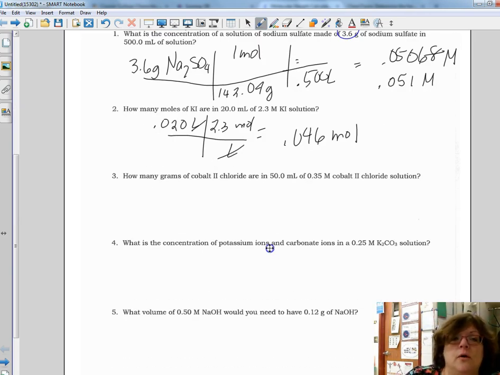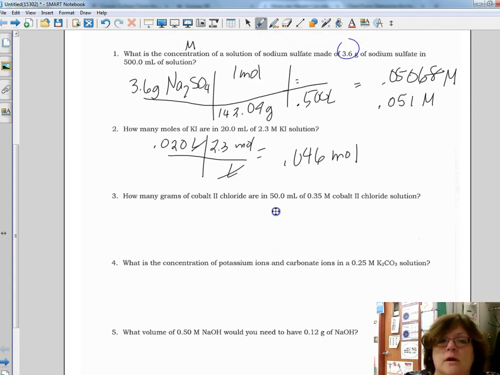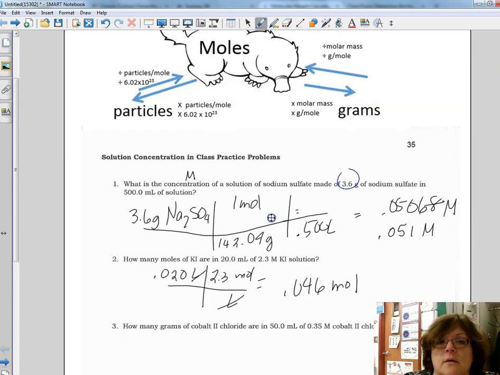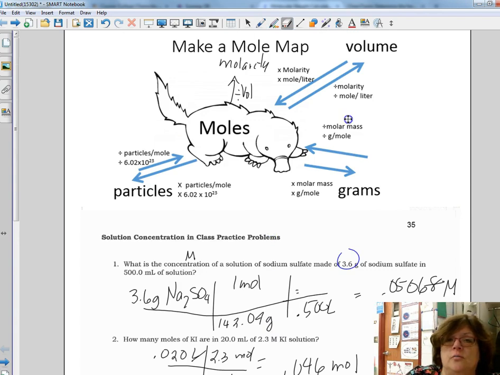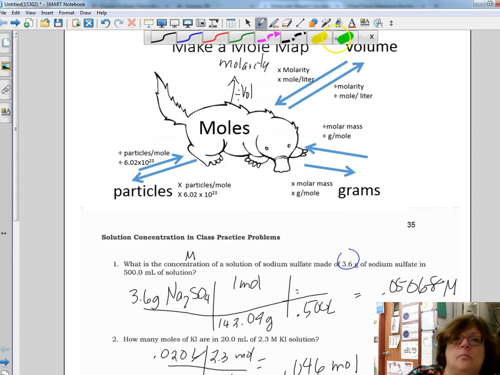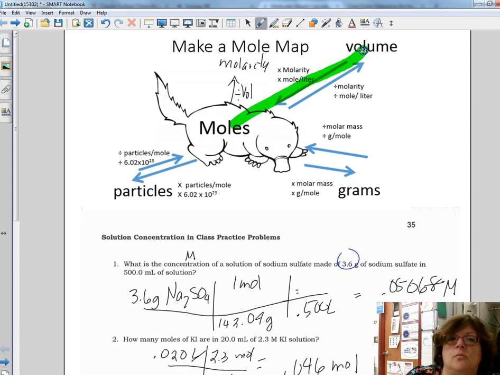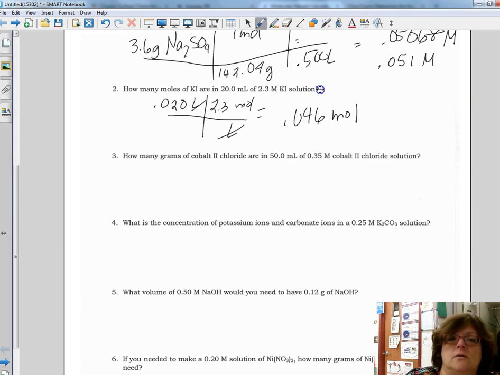Number 3, we want to know grams. We're given volume and molarity. So we're going from volume to moles to grams. The volume is 50 milliliters, so we're going to change that to liters, and we're going to multiply that by the molarity, 0.35 moles over 1 liter. That gives us moles.